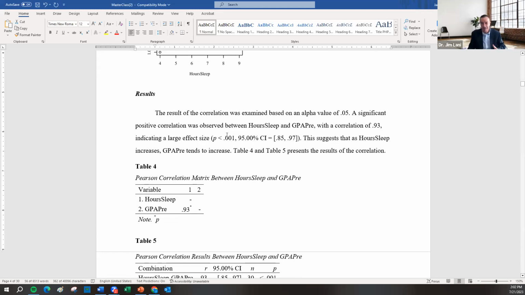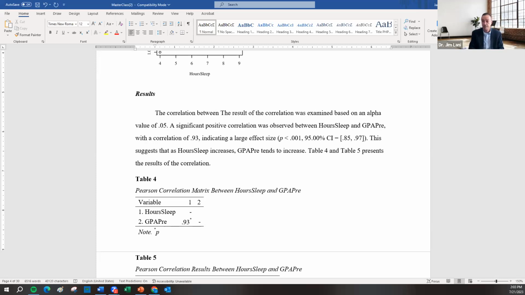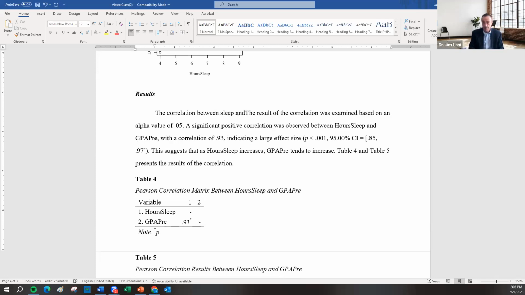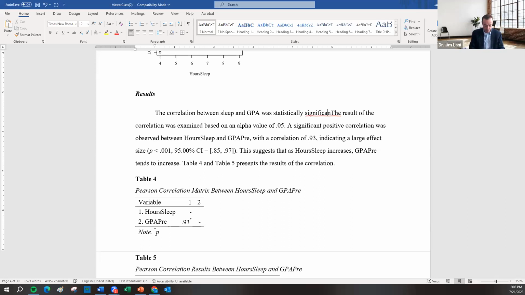Nevertheless, you have to say, if I was writing up the results, the correlation was significant, what would I say here? The correlation between sleep and GPA was statistically significant.